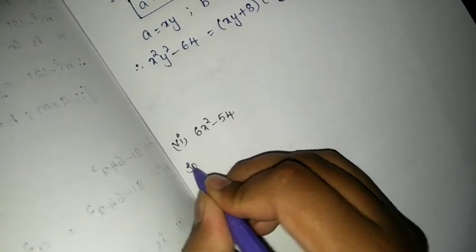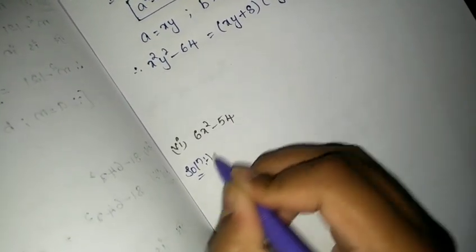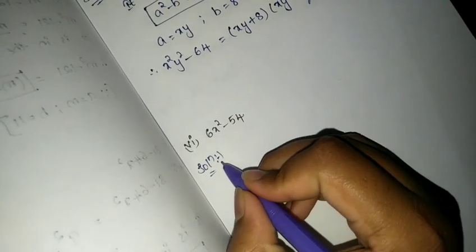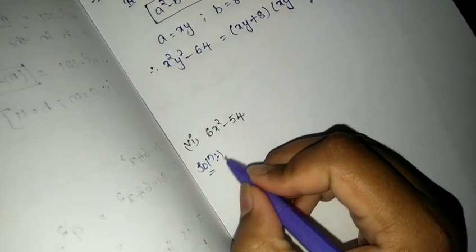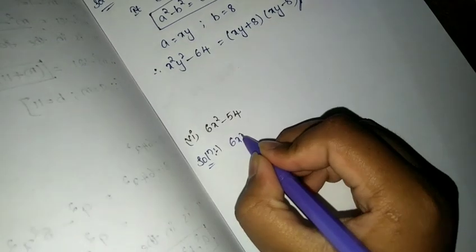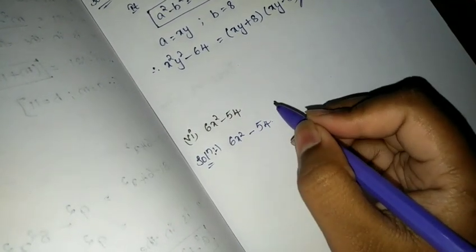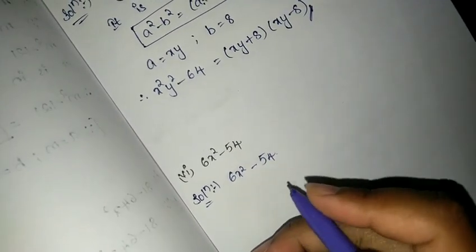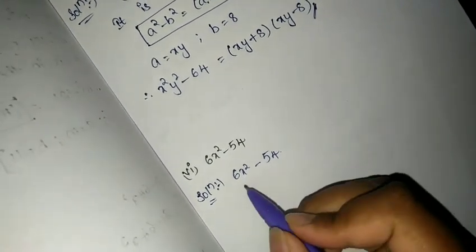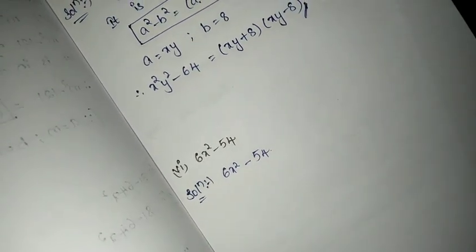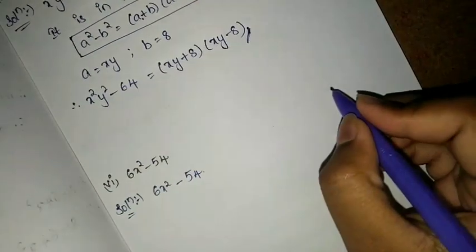Next problem is sixth one, 6x square minus 54. So the solution for this is 6x square minus 54. So here we can't write 6 in the form of any square.